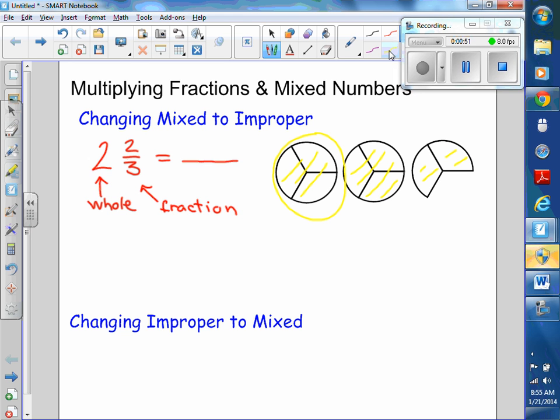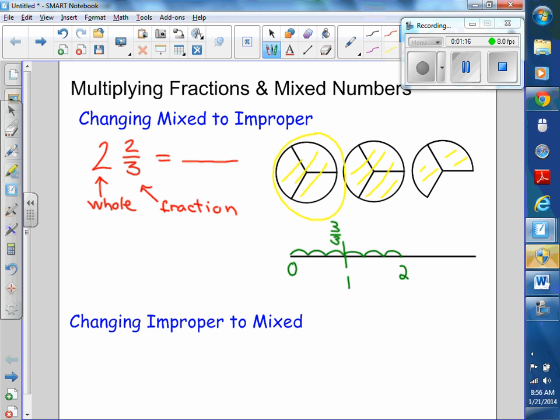So it's kind of like looking at a double number line, right? If we look at a double number line and we break our number line into thirds, that would be a whole, but this would also be 3/3. And then this would be 2, but how many thirds is that?